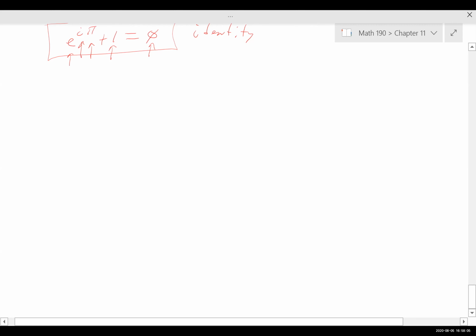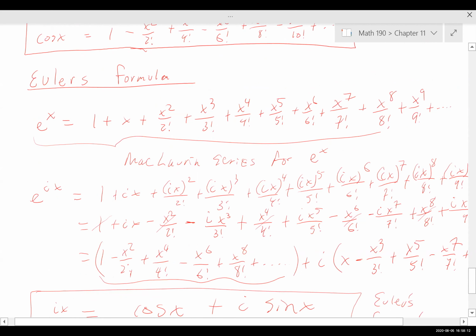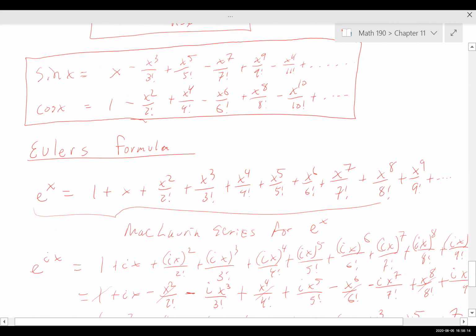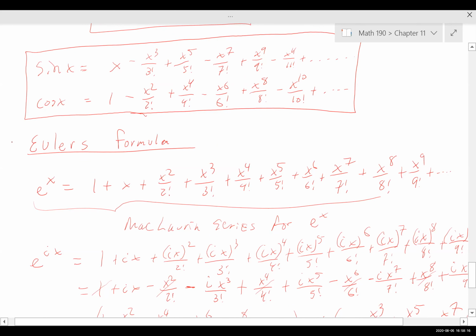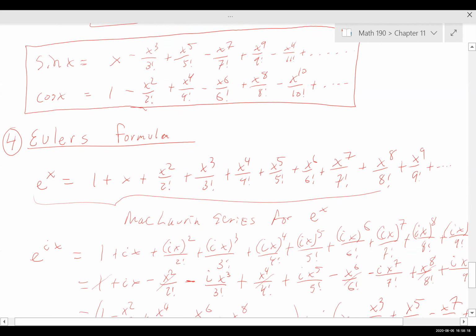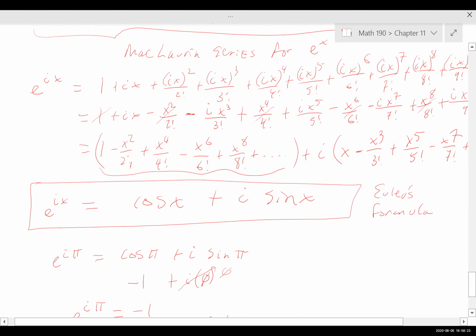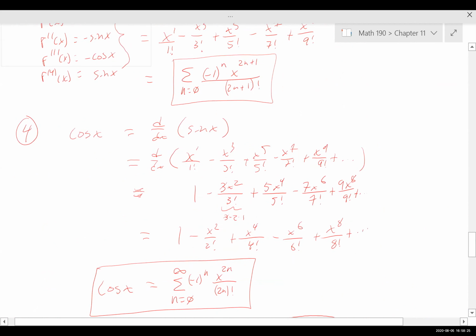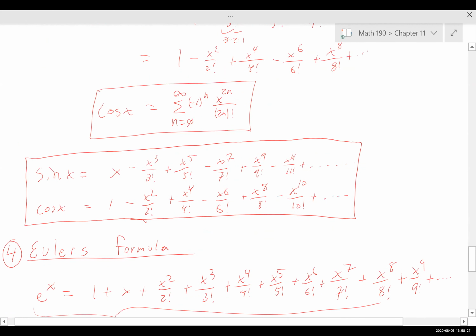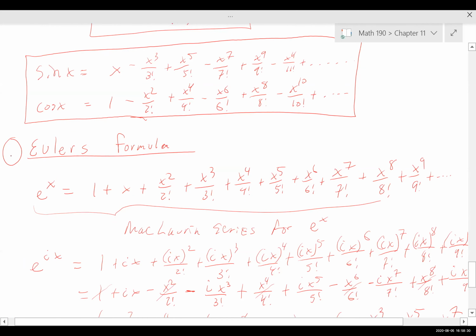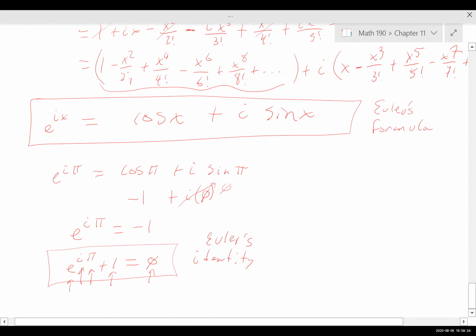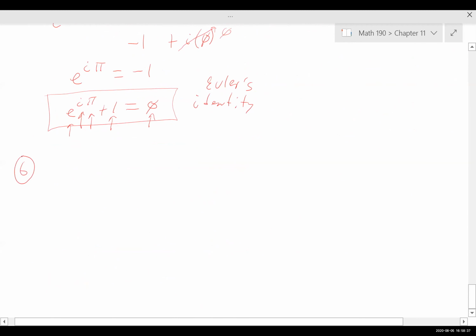This was Euler's formula, which I'm going to call number 4. So this is 5, and then the next one is 6. We'll say this one is 6.